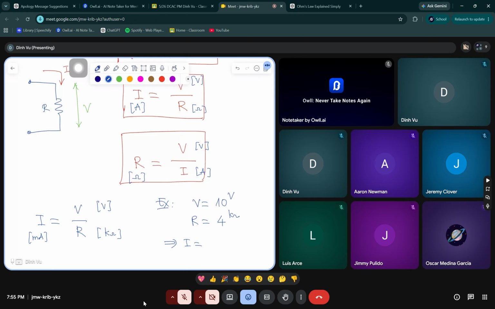So what is the current? The current will be I is V over R. V is 10 volts divided by R is 4 kilo ohms. So you should obtain 2.5, and the unit here will be in milliamp. Do you understand?